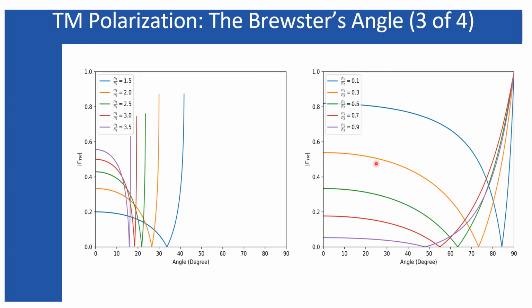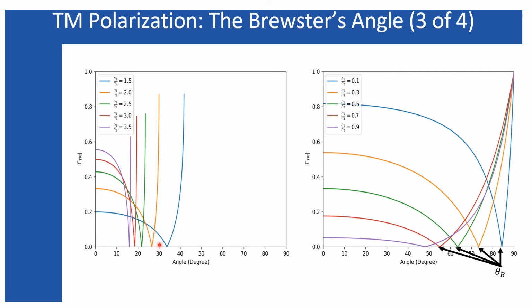Similarly, for the second ratio, as the ratio gets increased, the Brewster's angle shifts to the left-hand side, and for the ratio 0.9 we are getting the Brewster's angle between 40 to 50 degrees. So these are called the Brewster's angles. Now I'm considering the second case, where the ratios are greater than 1, from 1.5 to 3.5.